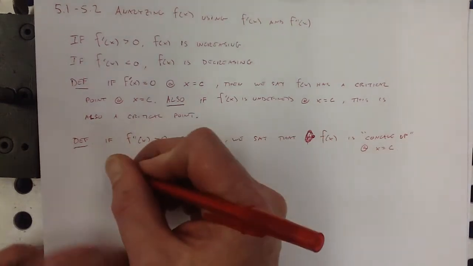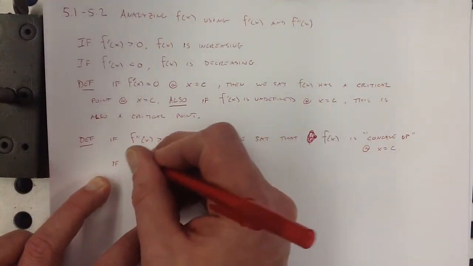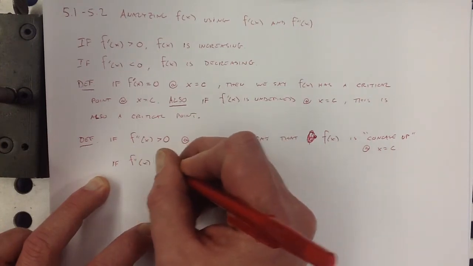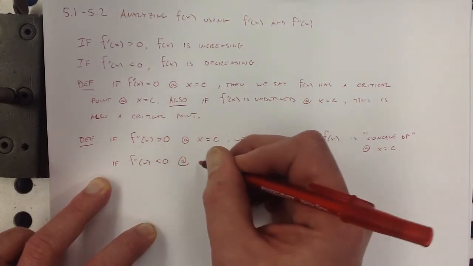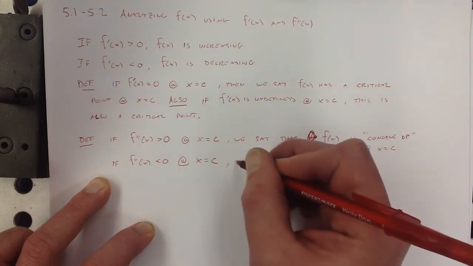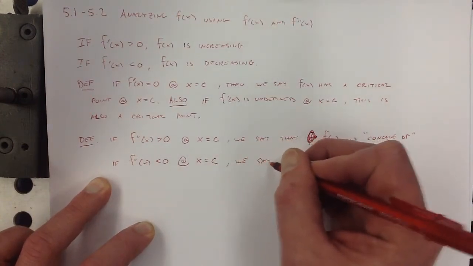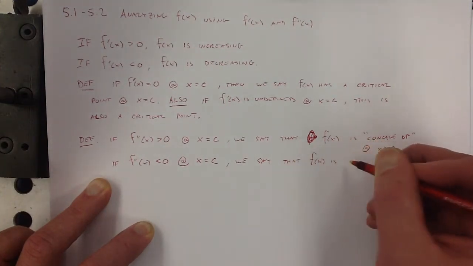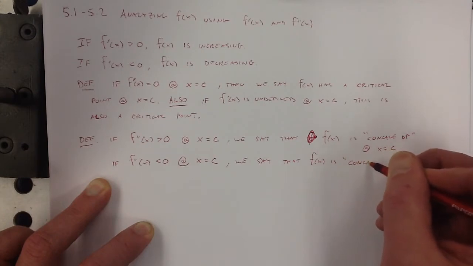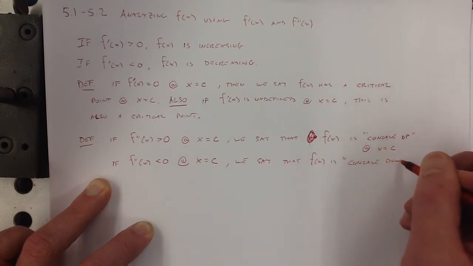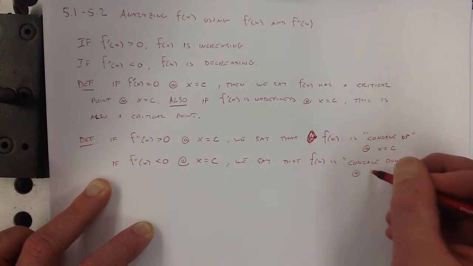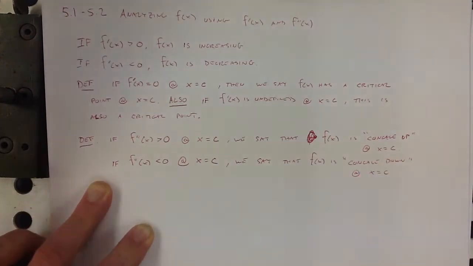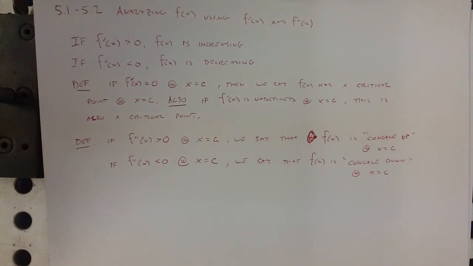Concave up. And if the second derivative is negative, then we say, you guessed it, that the original function is concave down at x equals c. And those are pretty much all the definitions that we need for section 5.1.